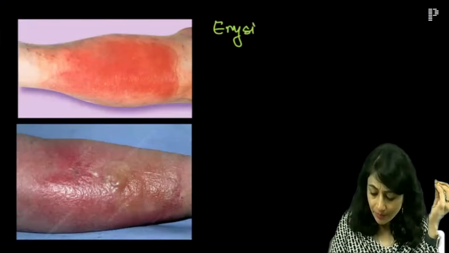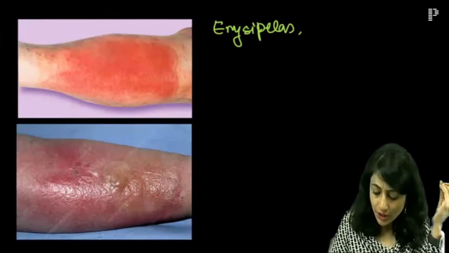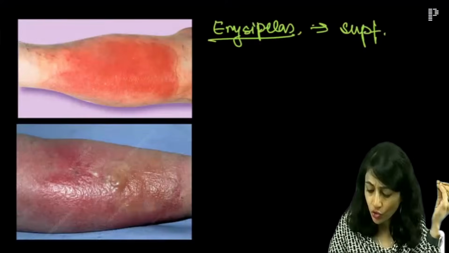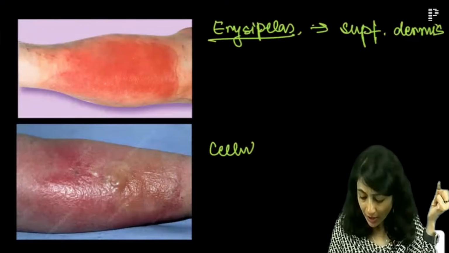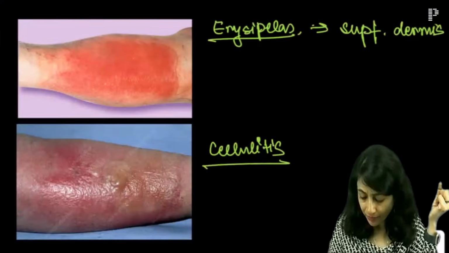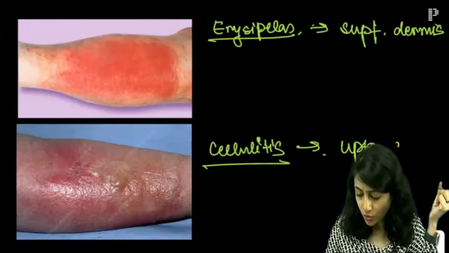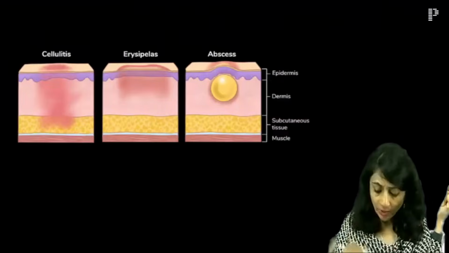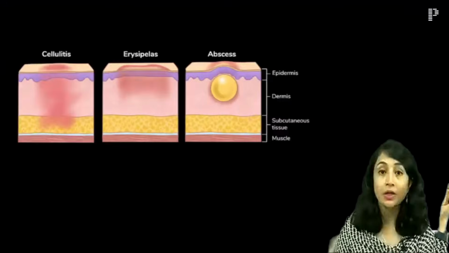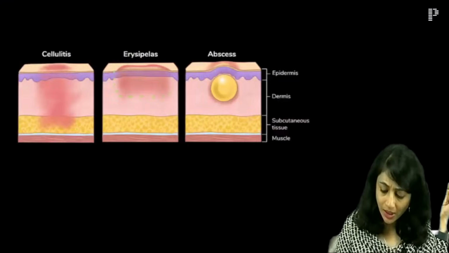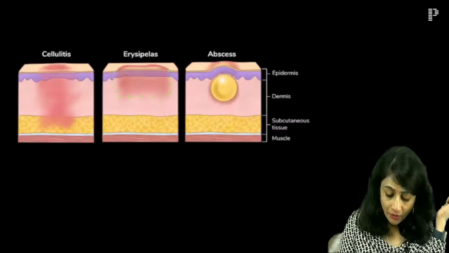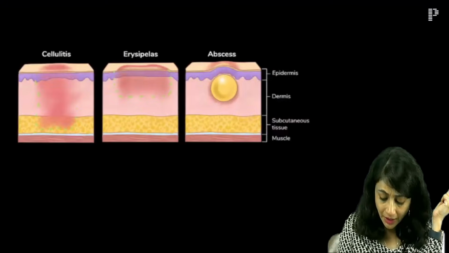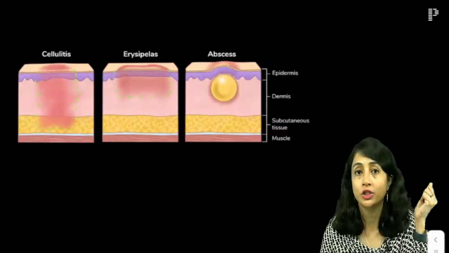So erysipelas is something which infects only my superficial dermis, whereas cellulitis is something which can go up to subcutaneous tissue as well. Coming here, this is erysipelas. You can see it is limited to the upper dermis and superficial dermal lymphatics, whereas cellulitis is very deep. It can go up to subcutaneous tissue.